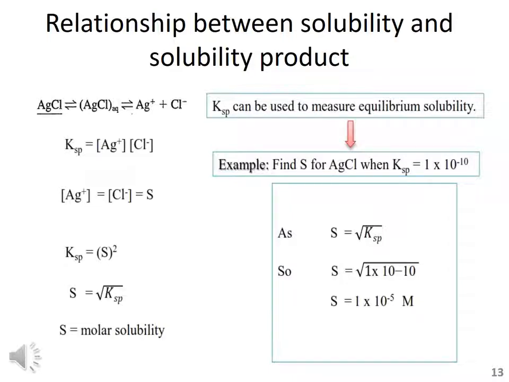So if you want to relate solubility and the solubility product, it can be denoted as S, the solubility, equal to the square root of Ksp, the solubility product. So in this slide, you can see the solubility is equal to 1 times 10 to the power minus 5 molar for the silver chloride precipitate.